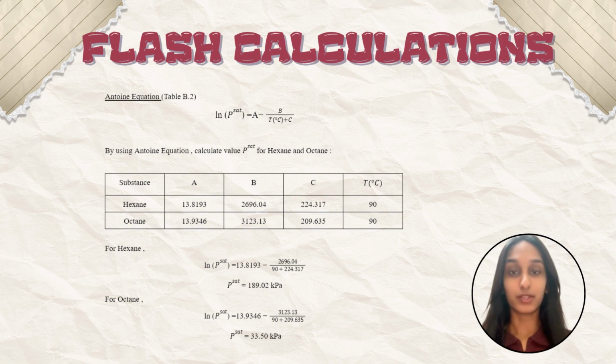The first step was to determine the saturation pressure of each component using the Antoine equation. The calculated saturation pressure of hexane is 189.02 kilopascal, while octane has a saturation pressure of 33.50 kilopascal. Since hexane has the higher saturation pressure, it is more volatile and therefore vaporizes more easily than octane.